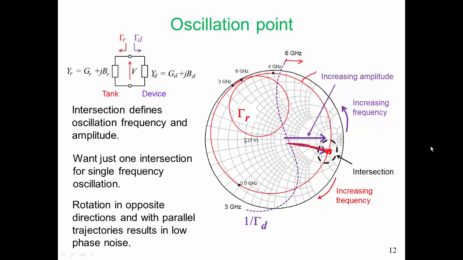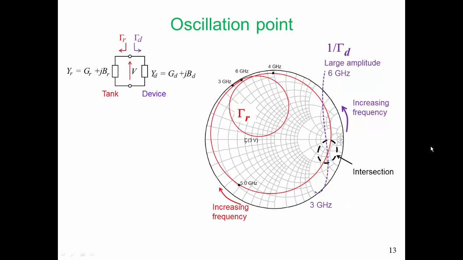To see that, let's look at a larger signal. So here is a curve for a large amplitude. I've really had to guess this because I don't really know what that reflection coefficient will be under oscillation conditions. I cannot reliably simulate it. So this dashed curve has a locus that moves in the counterclockwise direction with increase in frequency.